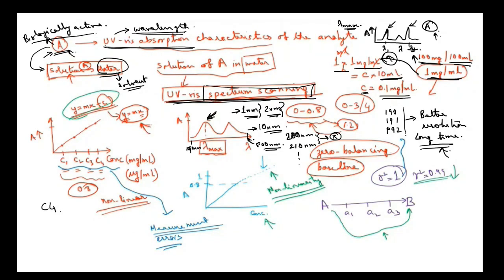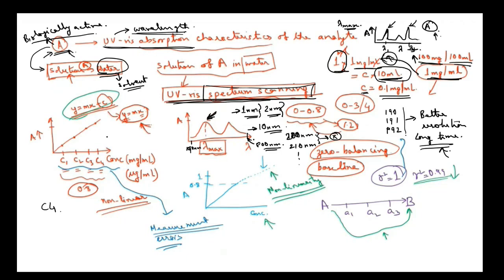Accordingly, by changing the volume of the stock solution and the volume of the dilution, we can obtain different lower concentrations from the stock solution. Please keep in mind, many students make a mistake: the stock solution will always have a high concentration, and as we dilute it, we get different concentrations.